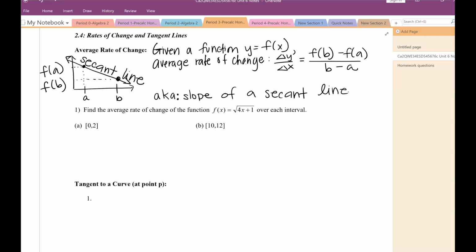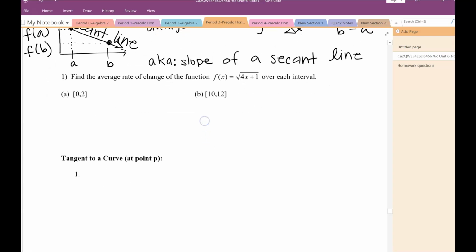Find the average rate of change of the function f of x equals square root of 4x plus 1 on the interval. Part A, on the interval from 0 to 2. So how many points is that? 2. A is 0, so let's find f of A. How do you find f of A? Plug 0 in for x.